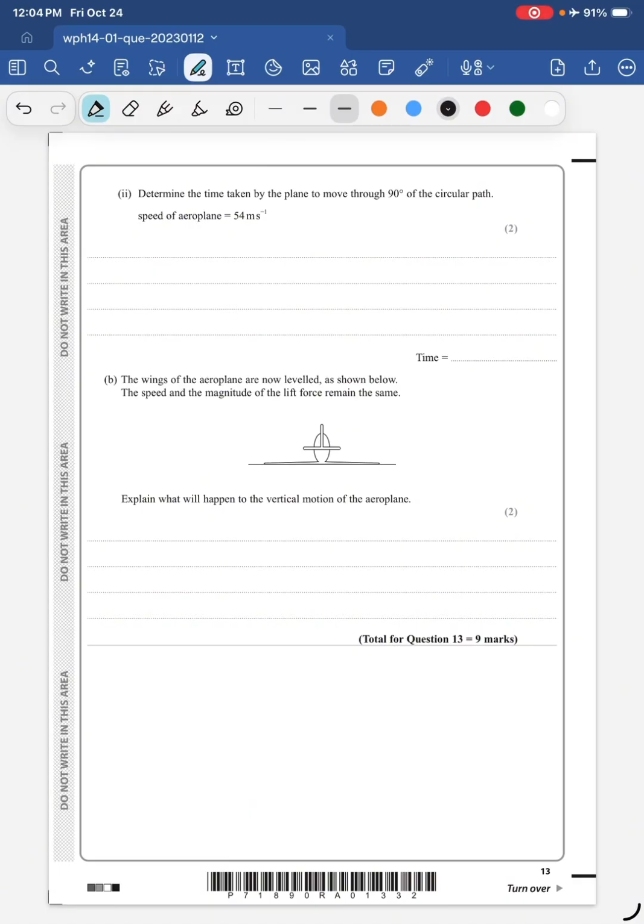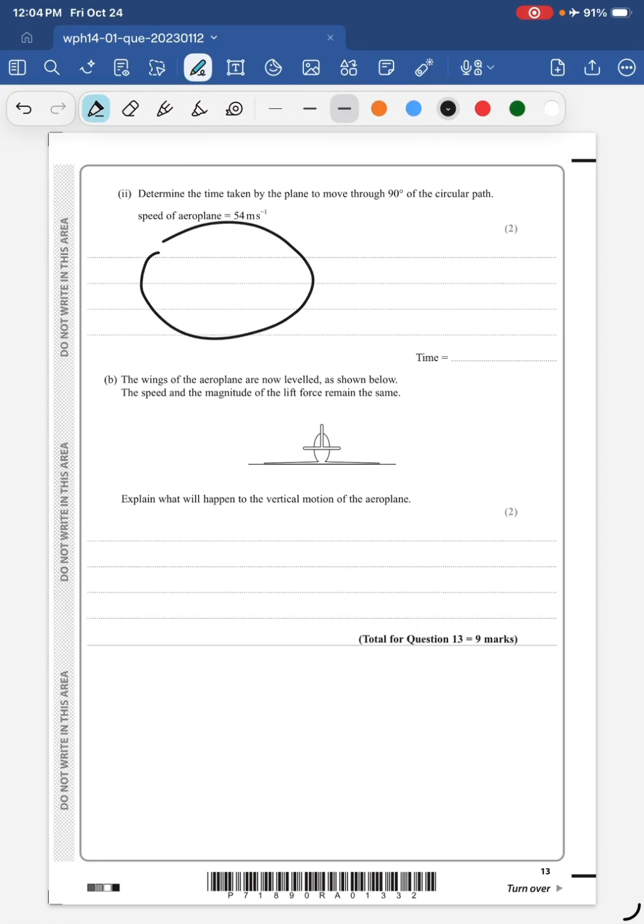Determine the time taken by the plane to move through 90 degrees of the circular path. So if we have a circle, let me draw it over here, and then I'm going to delete it.